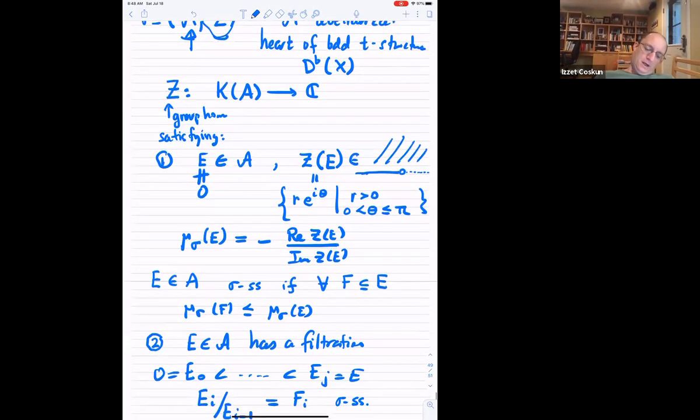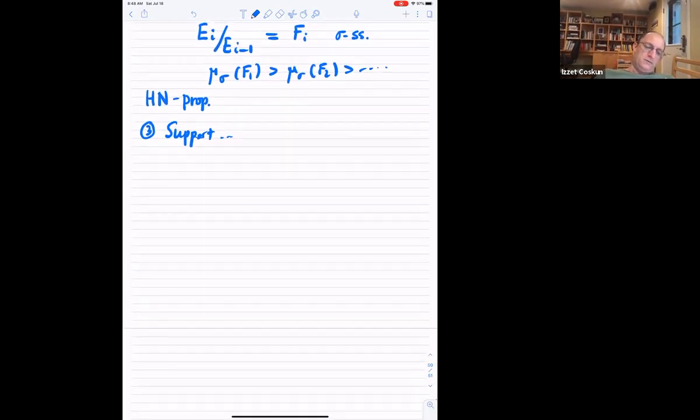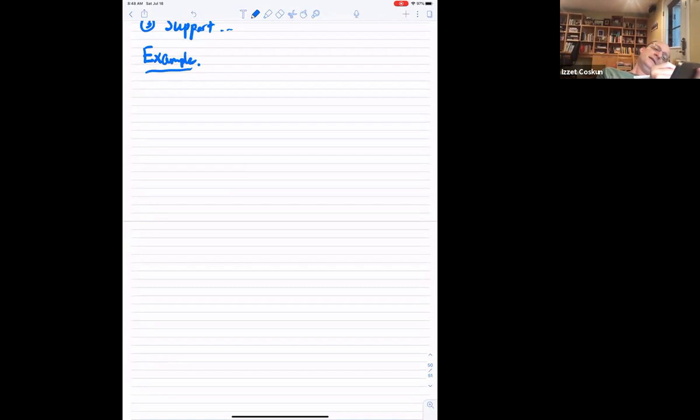Okay, so now what I should do is give you one example and one non-example, and then the main example. Okay, so let's do an example. If X is a curve, so a Riemann surface, right? A smooth projective curve.